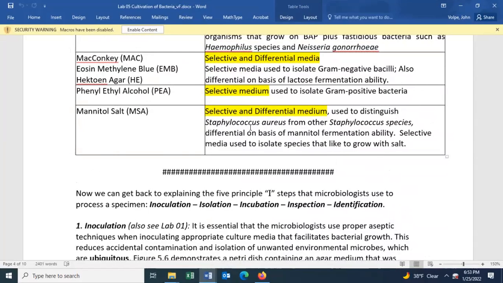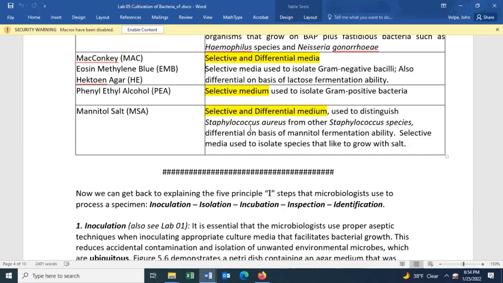The colony may look yellow, but it may not, but it'll have a yellow halo around the colony. We can use this to separate Staphylococcus aureus from other Staphylococcus species, because Staphylococcus aureus ferments the sugar mannitol, and other Staphylococcal species do not. So Staphylococcus aureus will have a yellow halo, and other Staphylococcus species do not have a yellow halo.